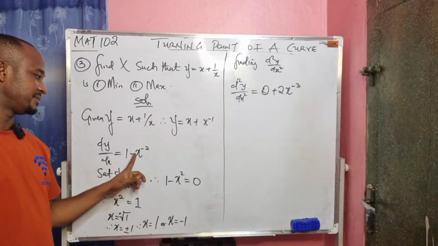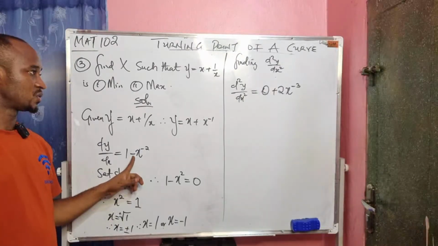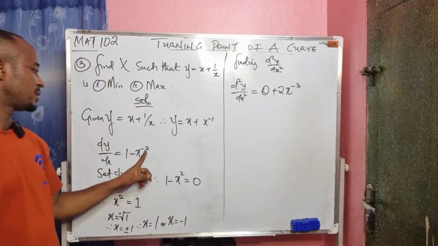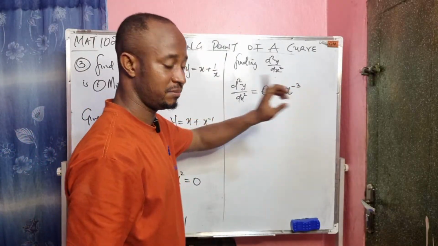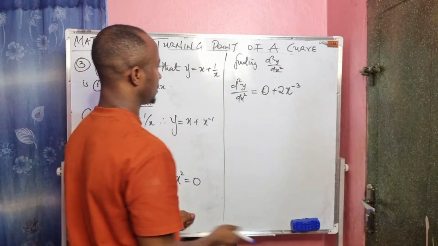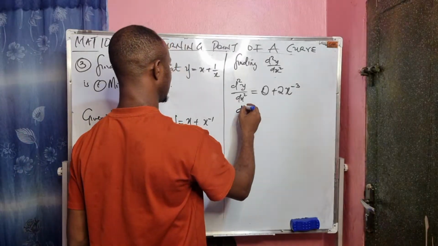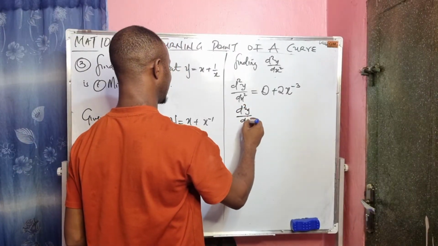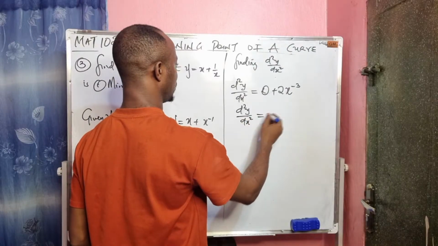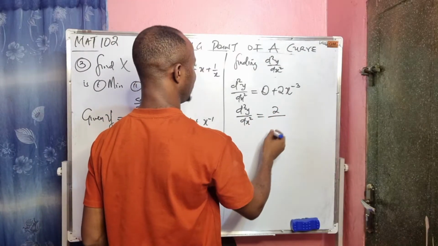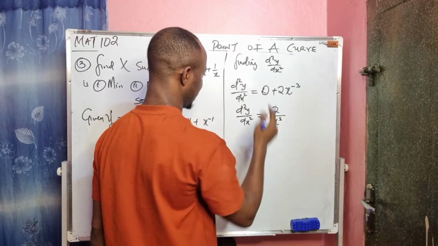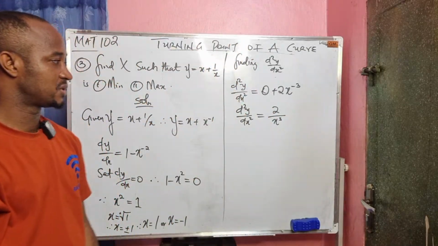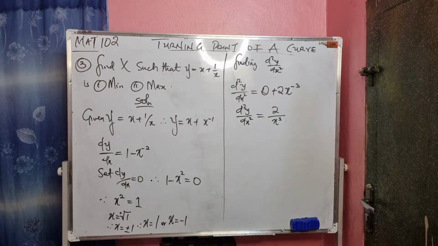Because minus times minus is plus. So we have plus 2. Then when you subtract 1 from this minus 2, the result is minus 3, the power rule of differentiation. Okay, so d2y over dx squared is equals to 2 divided by x to the power of 3. Don't forget, this is same as 2 divided by x to the power of 3.